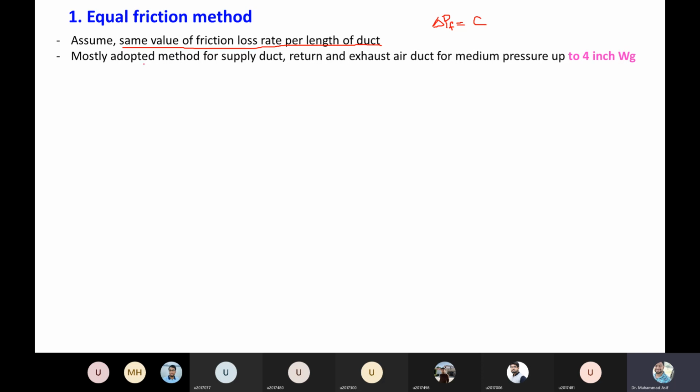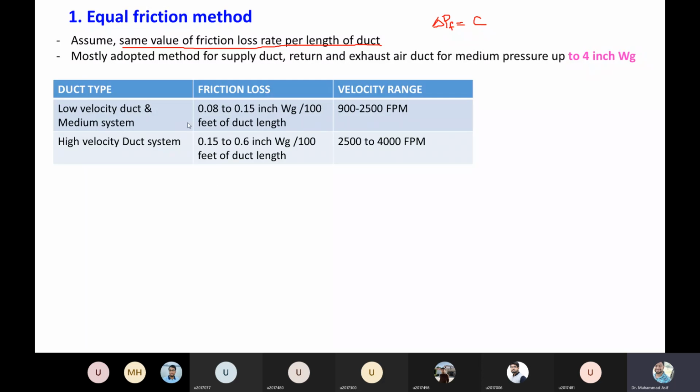This method is mostly adopted for supply duct, return duct, or exhaust air duct for medium pressure up to 4 inch of water gauge. Depending upon the type of the duct, a different value of delta pf is used.